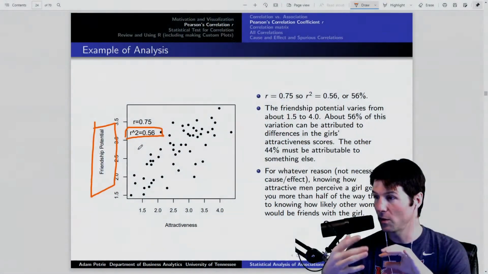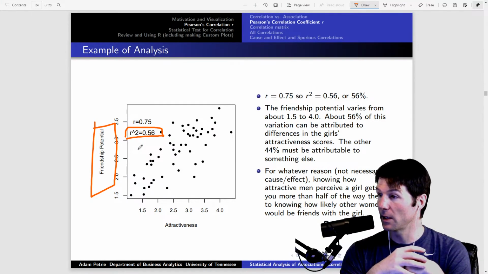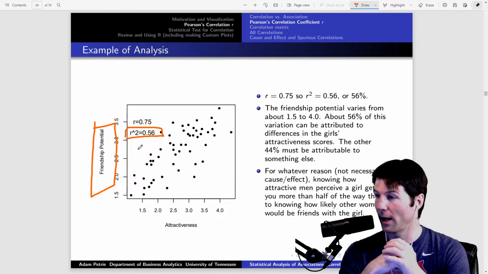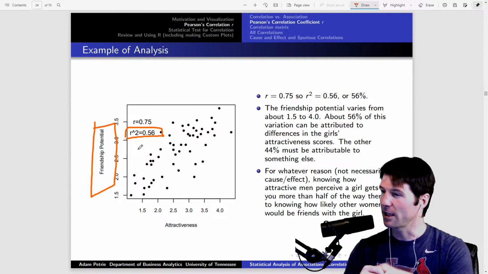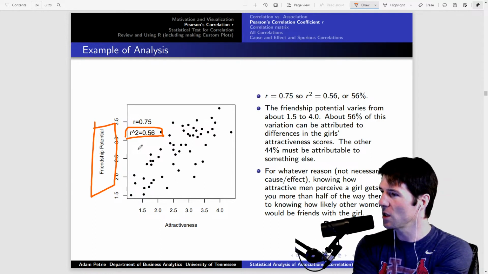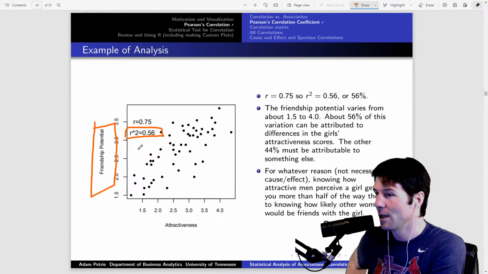Apparently when people view you as more attractive, it accounts for 56% of the variation in how much friendship potential they think you have, which is a large portion, over half of your perceived friendship potential. I'd like to be friends with that person. Maybe not trustworthy, I want my friends to be trustworthy. Does that make sense?